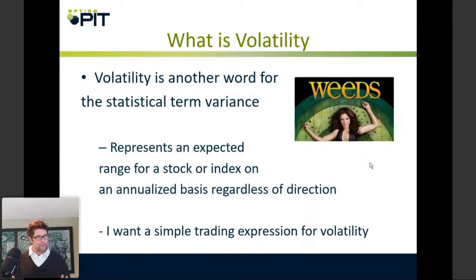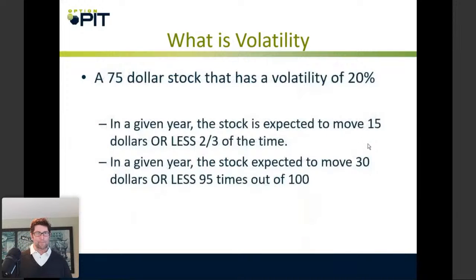Now, all of that stuff about standard deviation and variance, you can forget now, because now you want something simpler. Okay. Now, the easiest way to understand this is, again, on an annualized basis. Think Black-Scholes.